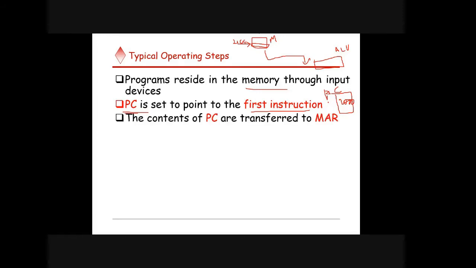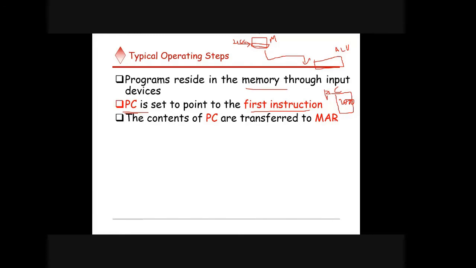After that, what will happen? The flow you should remember: the contents of the program counter will be transferred to MAR. I told you the registers will also keep which one? Address only. So the address of the instruction the processor should execute, initially present in the program counter, will now be transferred to MAR, the memory address register.